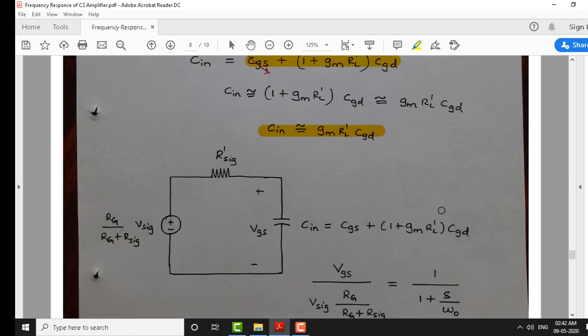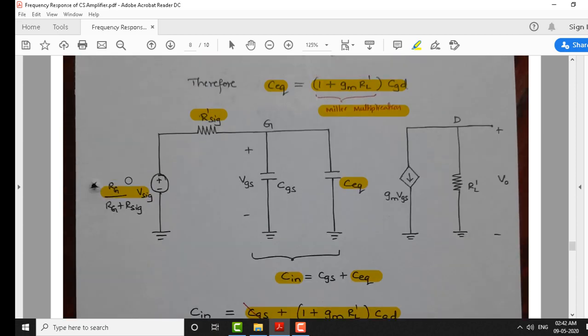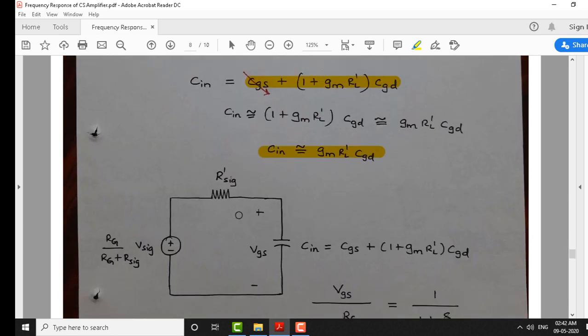Now let us further write separately the input side of the circuit. From this input side, the circuit can be written as here. So this is the Thevenin voltage source at the input side, and the Thevenin resistance, and there is a capacitance between the gate and the source.